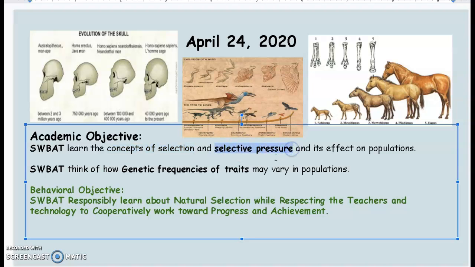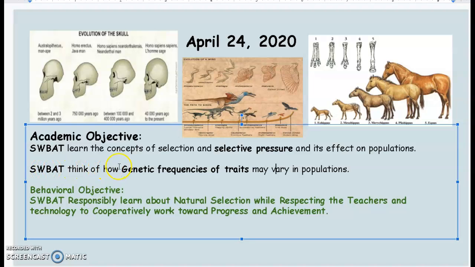Selective pressure, so the amount of pressure that the environment is placing on your survival chance, and its effects on populations. So you're going to learn about how chance of survival and environmental pressures can affect populations of organisms.